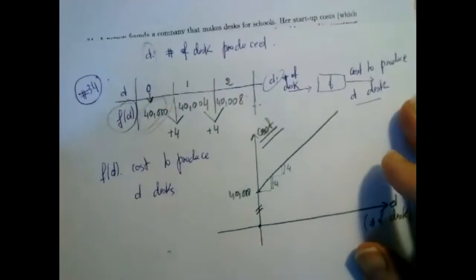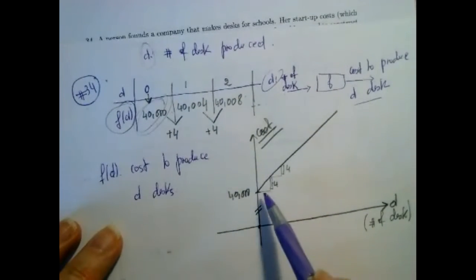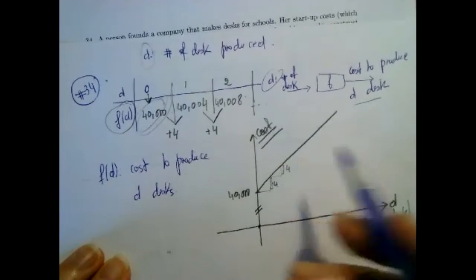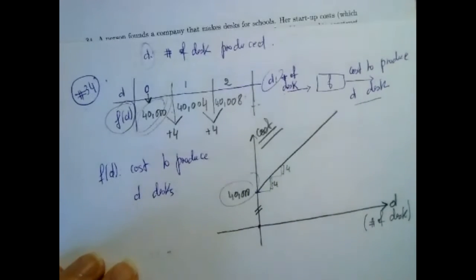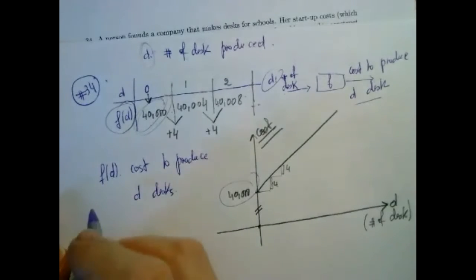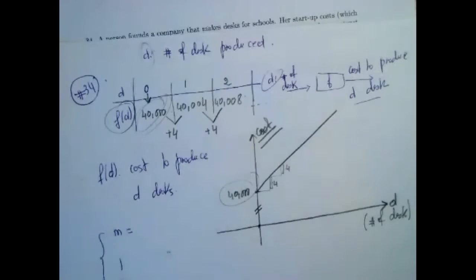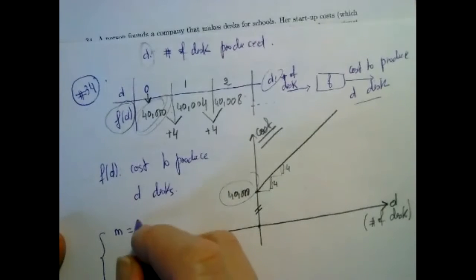So is F linear? Yes. F is linear because the cost to produce every desk is constant once I pay the $40,000. So what's going to be the formula here? What's the slope? Quickly. 4. And do we have B in this problem?